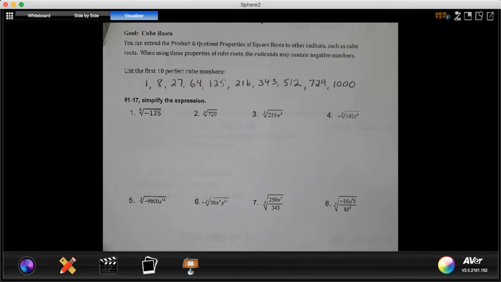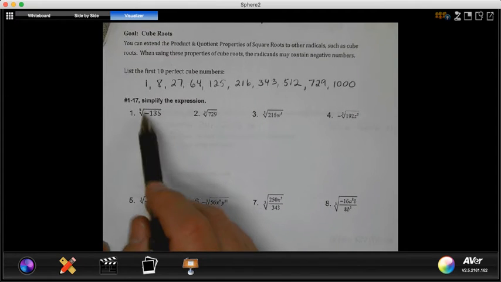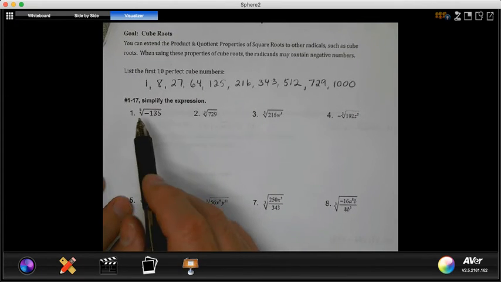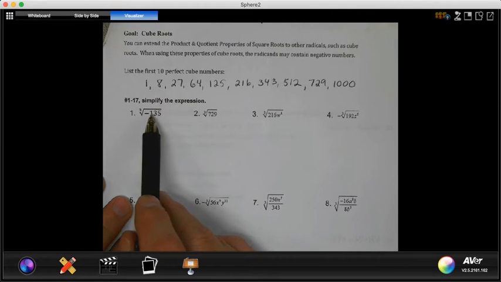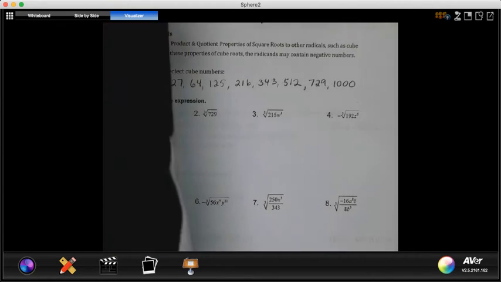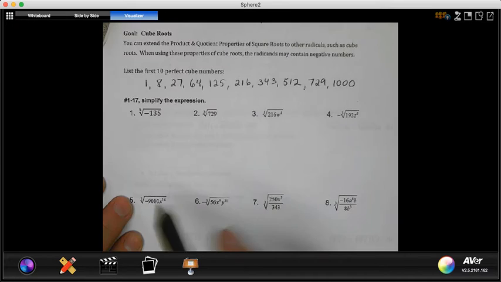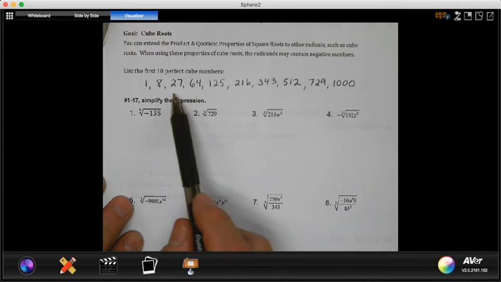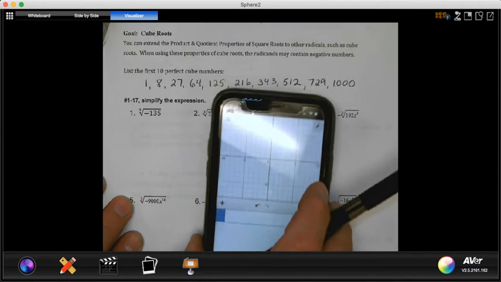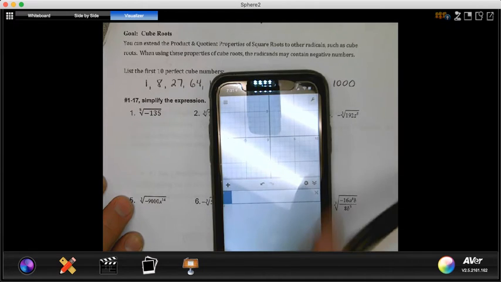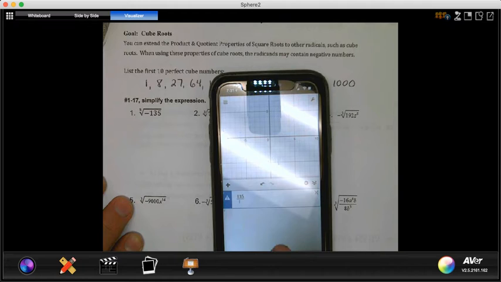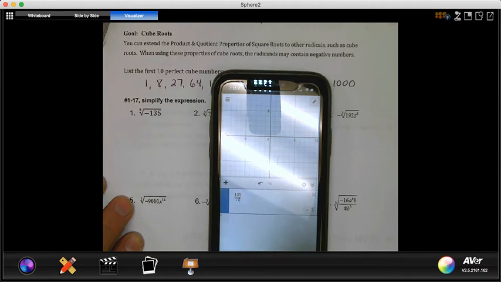So to start out, if you want to break down a cube root, you've got to split it apart. So I would look at 135 and see if 27 would go into it. So 135 divided by 27 is 5.